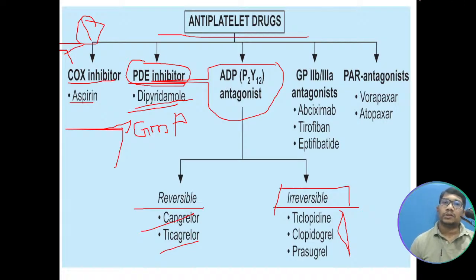Then the fourth class in the antiplatelets is the GP2B3A receptor antagonist, also known as a collagen receptor antagonist.